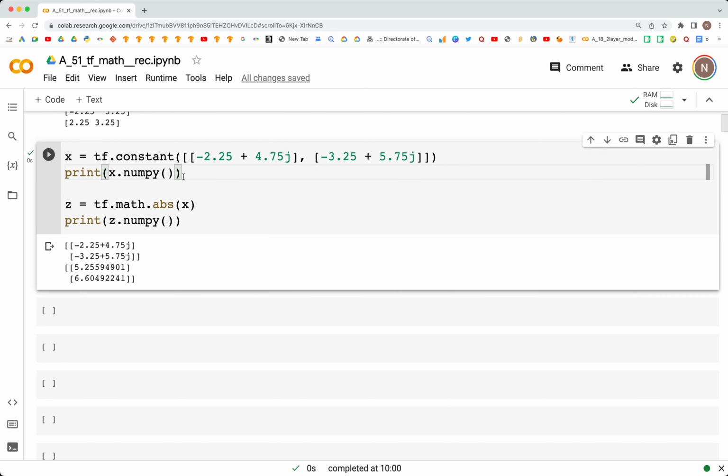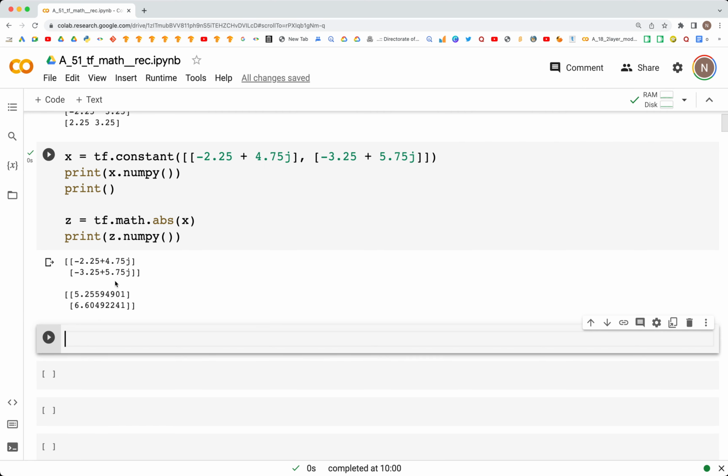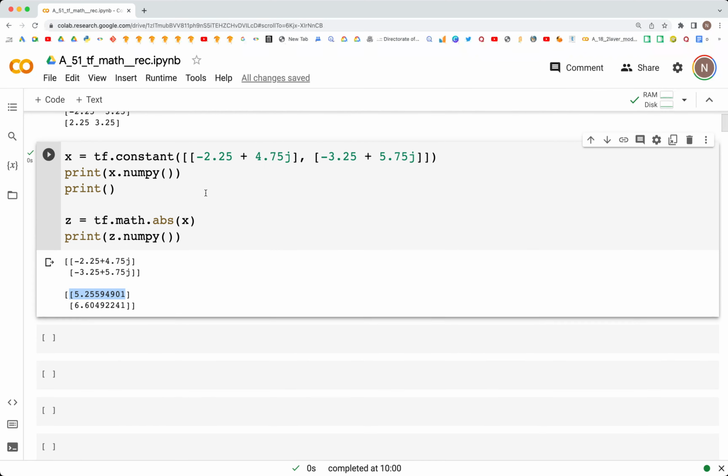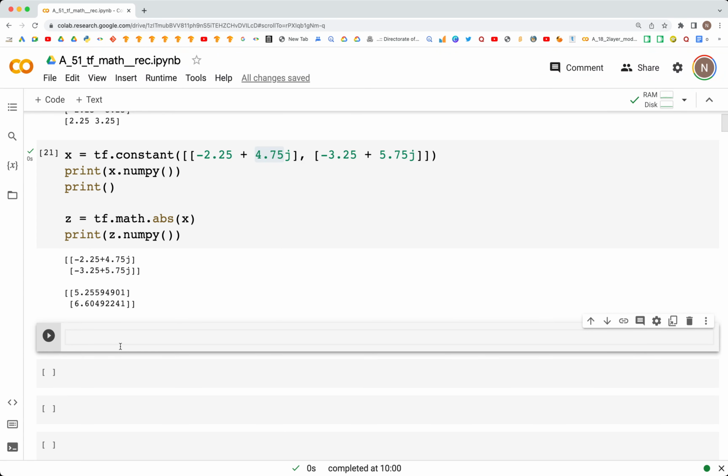We apply the same tf.math.abs, and in the output we see that the values have now changed, and these values are calculated as follows. If we square the real and imaginary parts of these numbers and sum them, we get the above number. For example, if we take minus 2.25, we remove the minus sign on it.